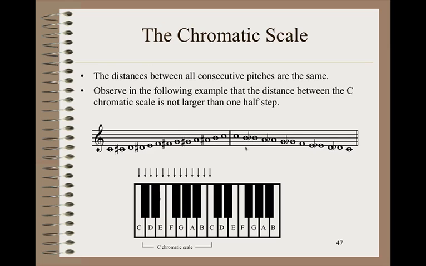Now, descending is very similar. I'm going to start on C, and instead of going to a C flat because of the piano keyboard, I go directly to B. To the B, then the B flat, to the A, to the A flat, to the G, to the G flat, to the F. Then here we go again.